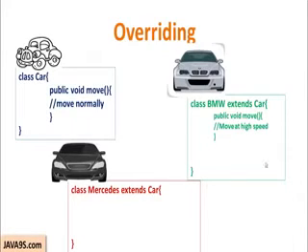So here BMW can implement a method which specifies that the car can move at a very high speed, and Mercedes can move with speed and comfort as well. So they are implementing their own functionality. Whenever I pass the BMW object, this method is going to get executed rather than the other one. That means the JVM first looks into this class. Does it have an implementation?